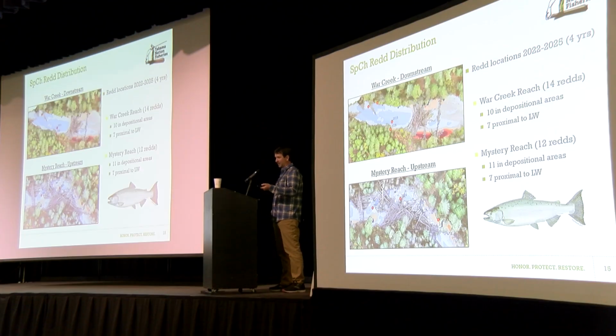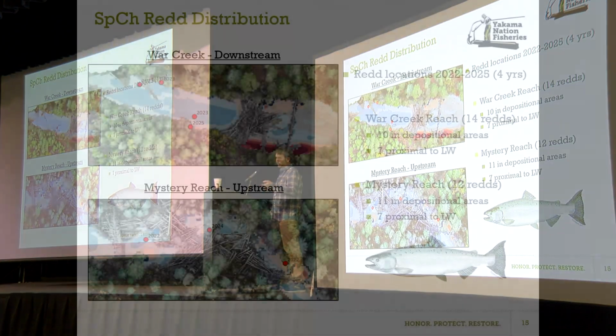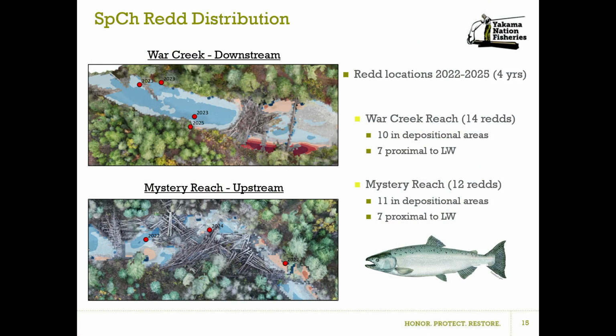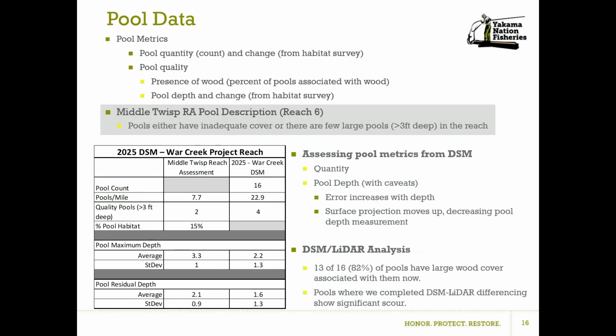And the data that he provided really does illustrate a correlation between those deposition areas and the large wood that we installed and the quantity of redds that are found in those areas. The sample size is exceptionally small, and the accuracy on their GPS is really poor, so it's tough to draw any real hard conclusions to that stuff.